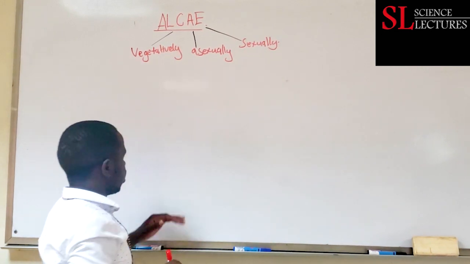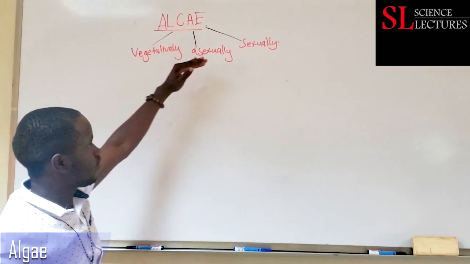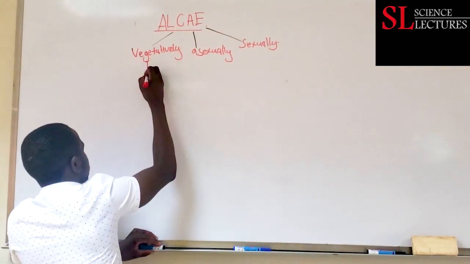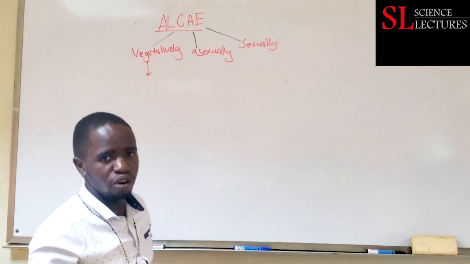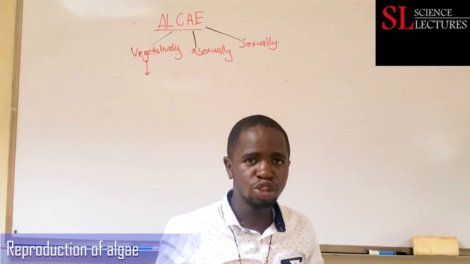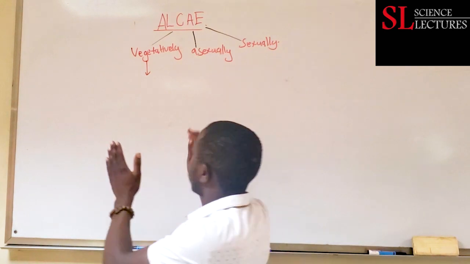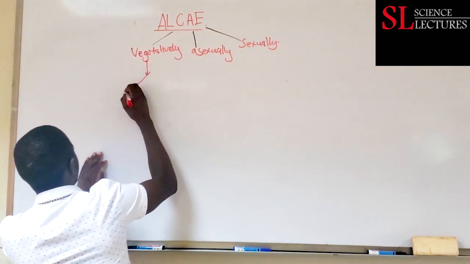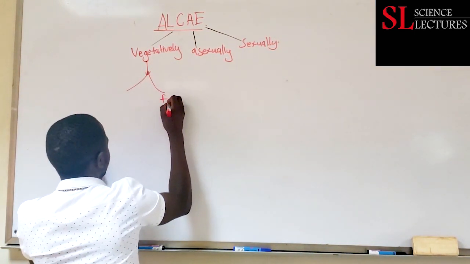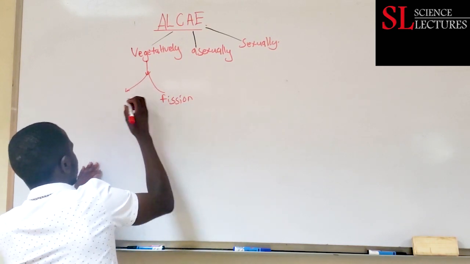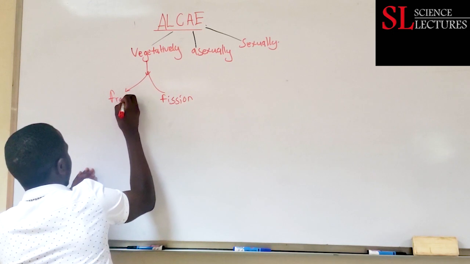So vegetative reproduction is where you just have breaking away of a certain portion of the protoplasm and it forms a new organism. And algae reproduces vegetatively using two things. Number one, it can reproduce using fission. Number two, it can reproduce using fragmentation.